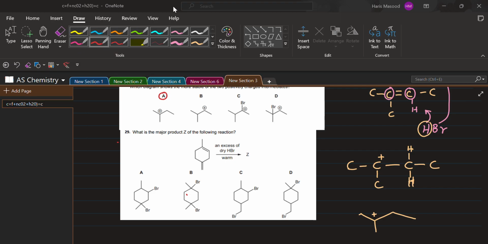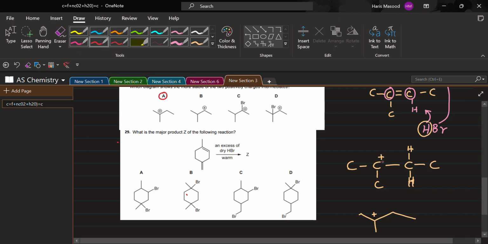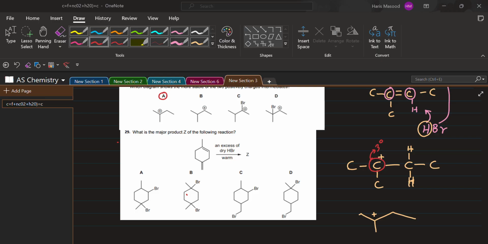In this scenario, this carbocation is tertiary. So you have formed a stable carbocation. Okay. So on the whole, you will form a stable product. Clear?